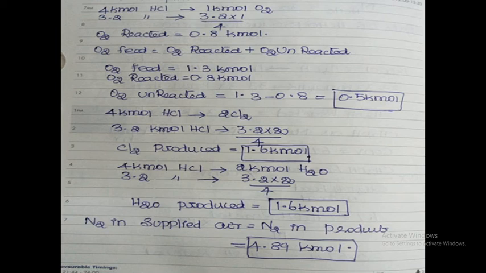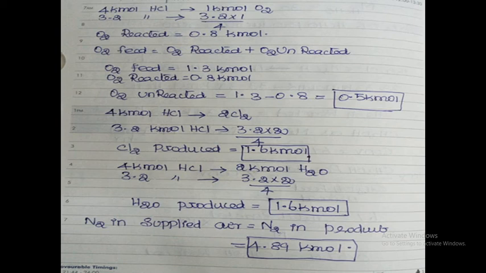Okay. Here we also consider nitrogen. Why are we considering nitrogen? Nitrogen is also present in the air. Are you clear or not? Okay. The HCl is oxidized to produce chlorine. We are supplying air, from the air we take the oxygen, use that oxygen, and after that chlorine is produced.